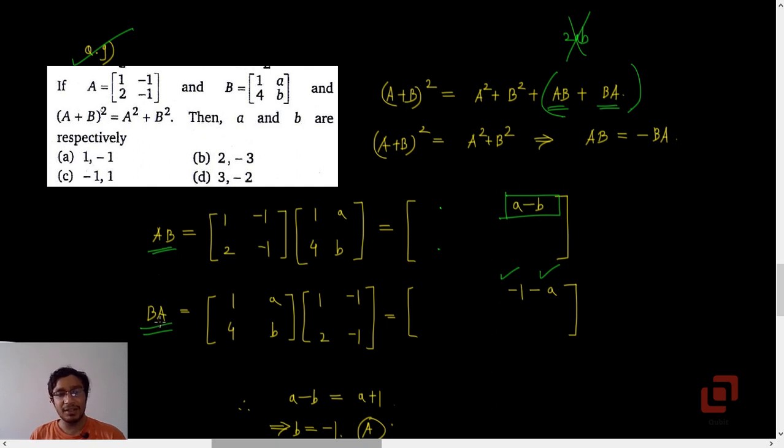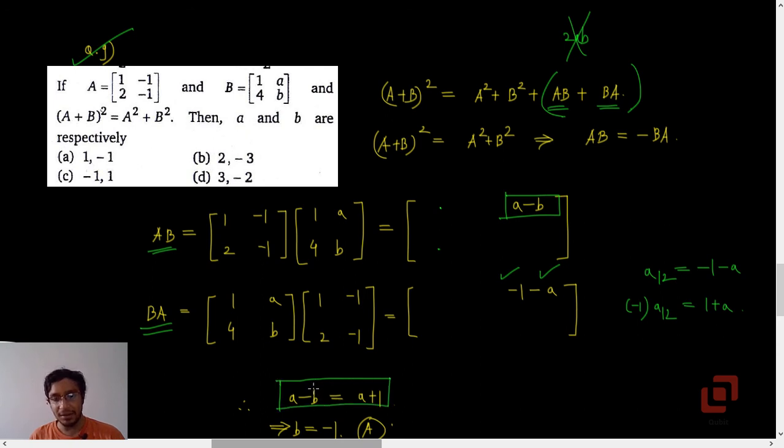Because if AB is equal to minus BA, and this element of BA is in the first row, second column, right? When you multiply it by minus 1, it must be 1 plus A. Yes, and that is equal to A minus B. Okay, so A minus B equals A plus 1.